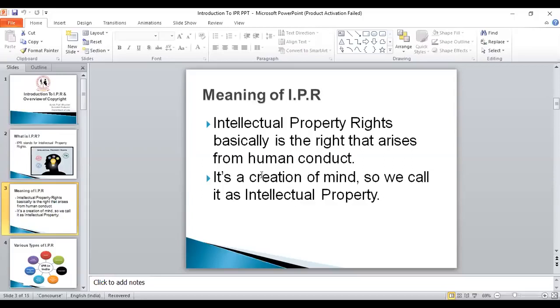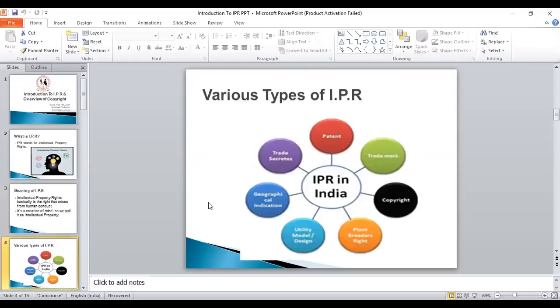When a person is creating something, the law gives him or her the right to protect their own property so that a third person cannot misuse it. Right.